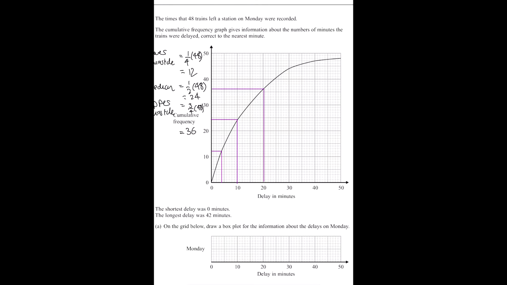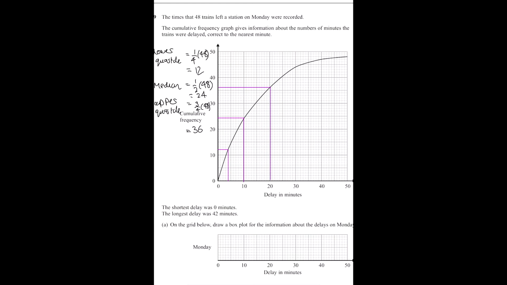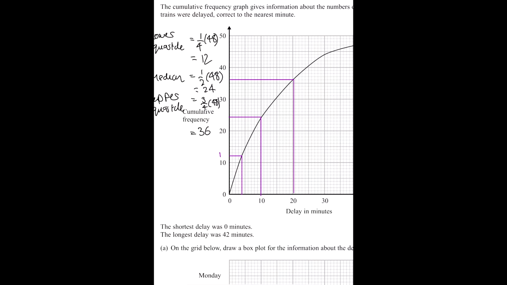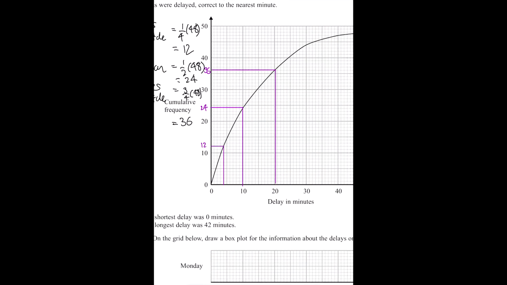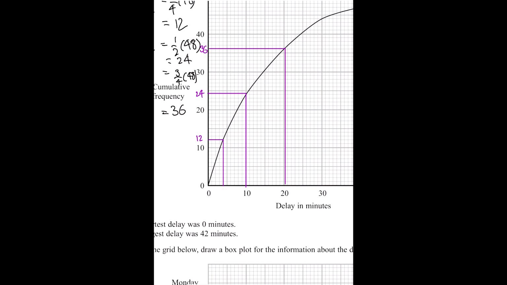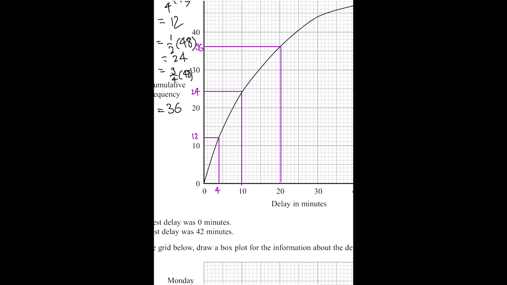So what we can do is rub some of this into the paper. So we get 12, 24, 36, and the values we get are 4, 10, and 20.